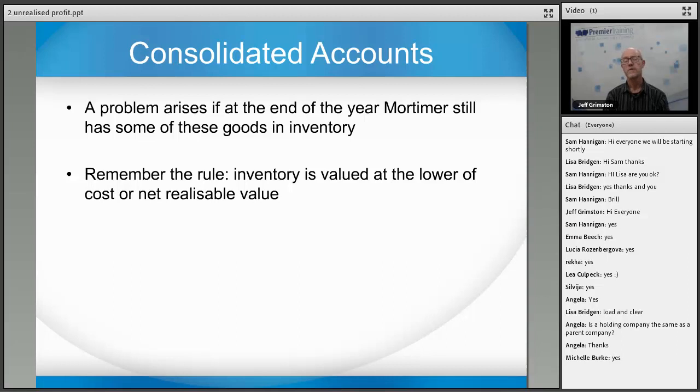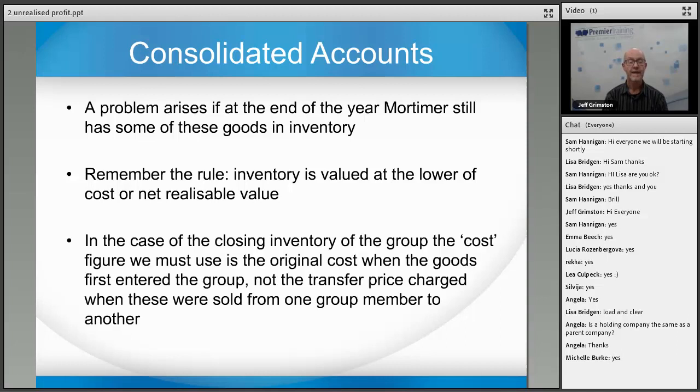So if an item is bought by Reeves from outside, a profit is added, it's sold to Mortimer, and it's still there at the end of the year, the cost of that item is the cost of the goods when they entered the group, i.e. they were bought by Reeves, not the transfer price that Reeves has sold them to Mortimer at. So they're not worth what the individual company accounts for Mortimer say they are.